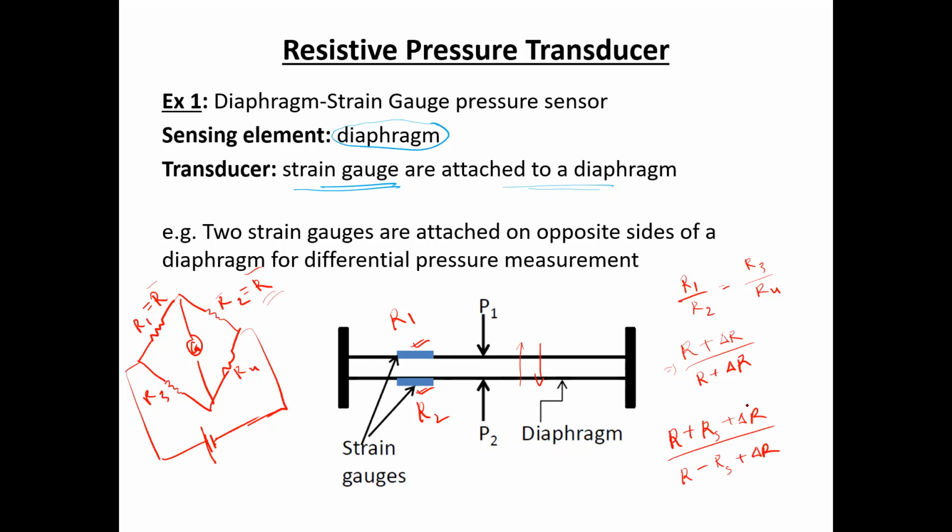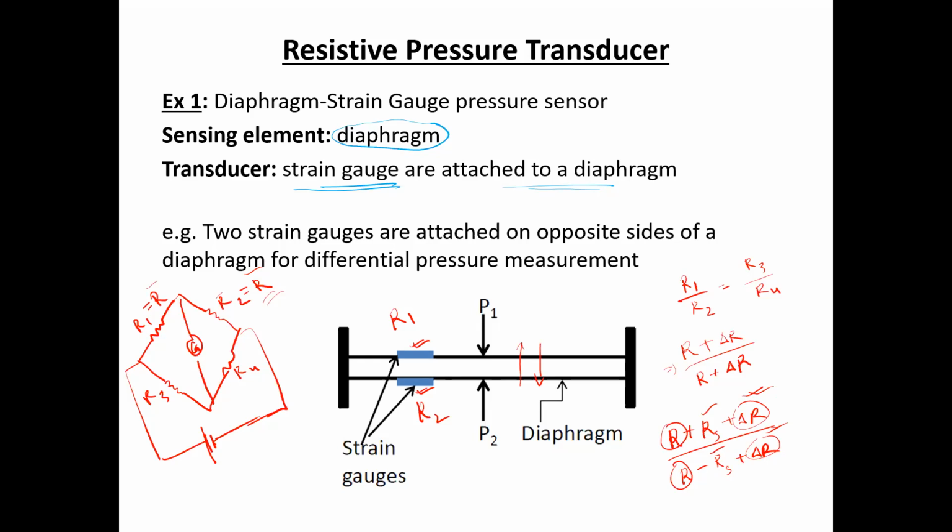This is due to the applied stress or strain. One has a positive component of resistance due to the applied stress, and another has a negative component, and the other component is due to the temperature variation. Still, these two temperature components are going to be equal because a similar type of material is used.